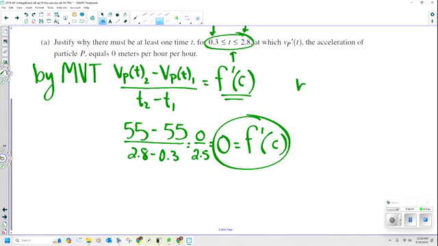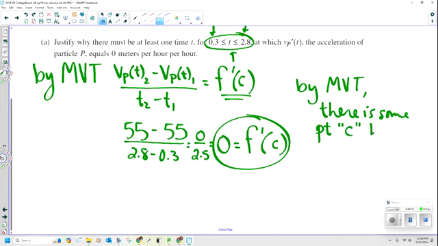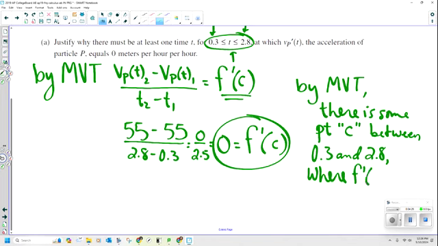Say by the mean value theorem, there is some point c between 0.3 and 2.8 where f prime of c equals 0. And here's our math work for it. I mean, you know, mean value theorem. God, I love it. You should love it too.